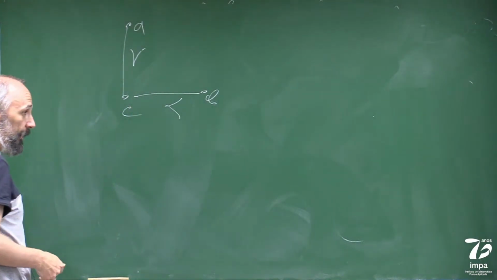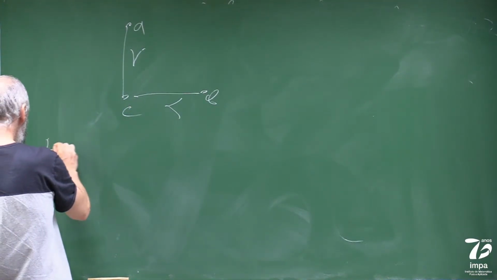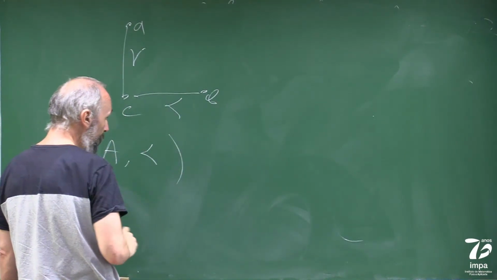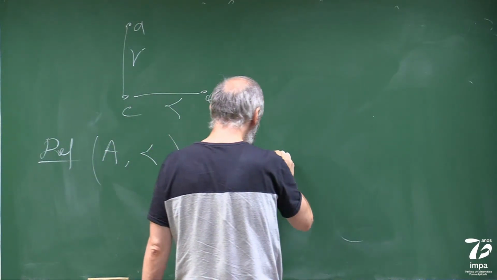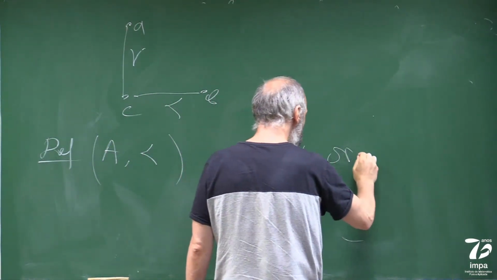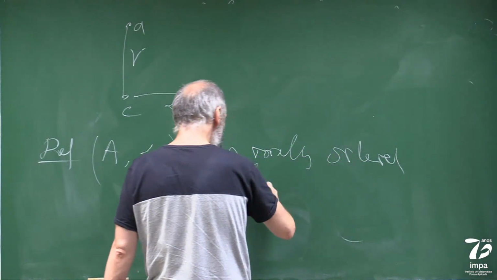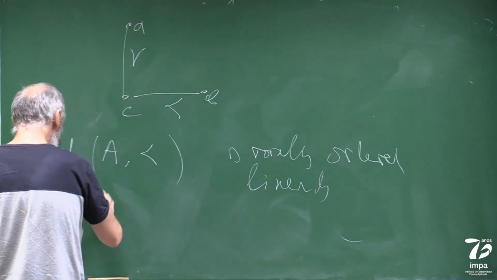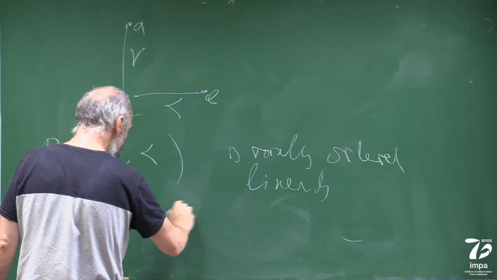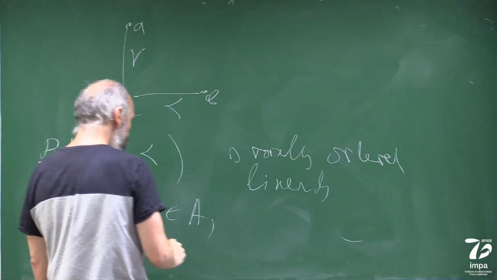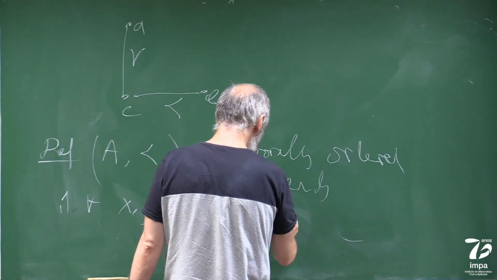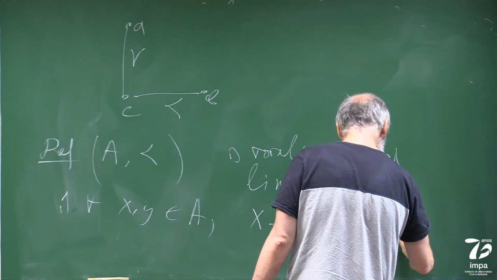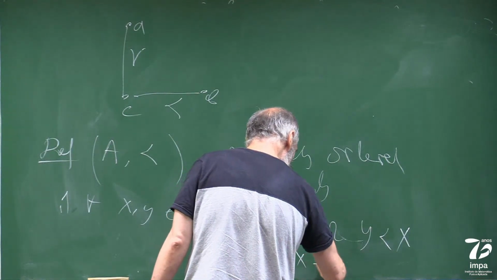So a non-partial order, like a total order or linear order: suppose you have a set A with a partial order relation. It is totally ordered, or linearly ordered, if for all x and y inside A, x is smaller than y, or y is smaller than x, or x is equal to y.